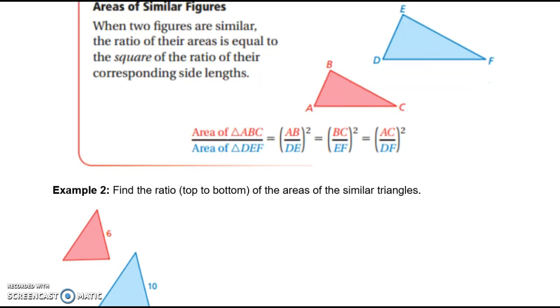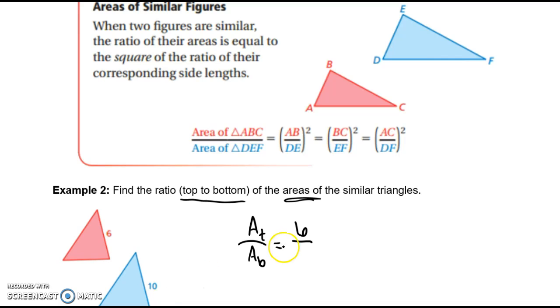So here for example 2, and again, you have to pay attention to whether it's area. We're going top to bottom, so we're going to do area of the top over area of the bottom. Just make yourself a little label so you know what you're doing. To find the ratio of the areas, you again can use side length. The side length they have given us for the top one is 6.